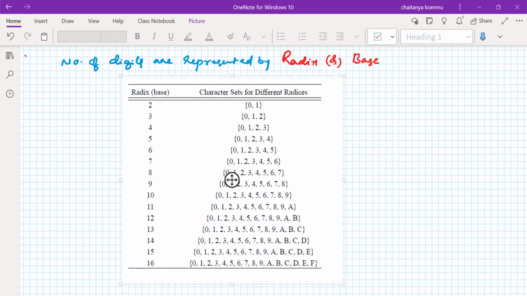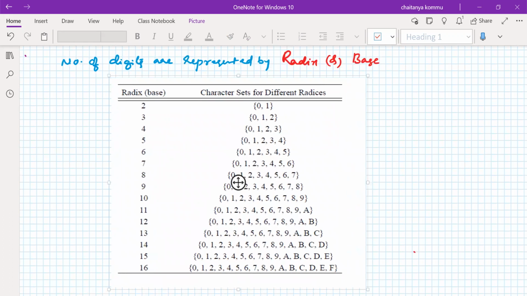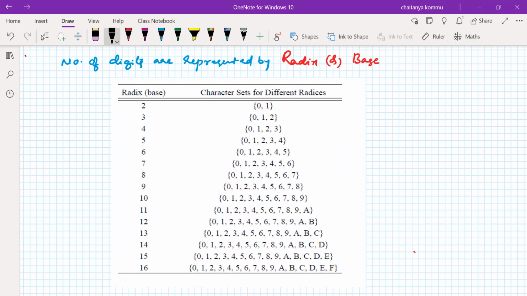In the radix or base 2, we are using only 2 digits. A specific name we have given for base 2 is the binary number system. Binary means 2. That is what we have seen in the last class.